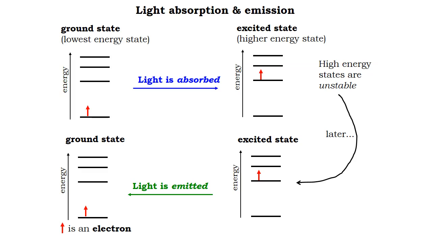Now where does it get that energy from? It absorbed energy. And typically, if you're using the fluorescent light bulbs on the ceiling, the reason it goes from the ground state to the excited state is because we put electricity into it, and that gave it energy, and that caused it to get promoted to a higher energy state. But because it's unstable, it then falls back to the ground state, and that's why it gives off light.